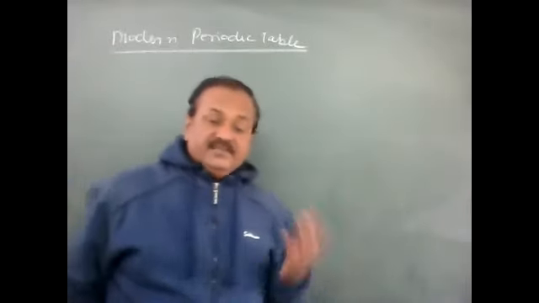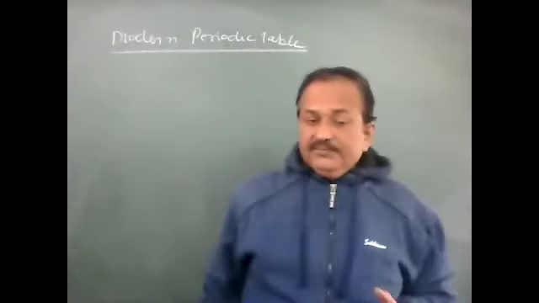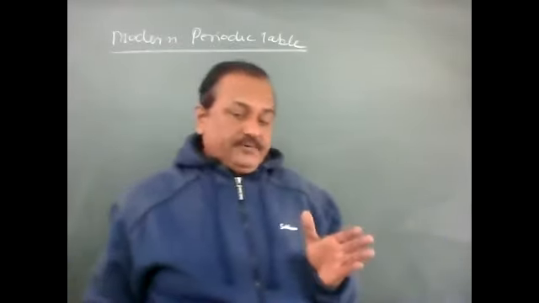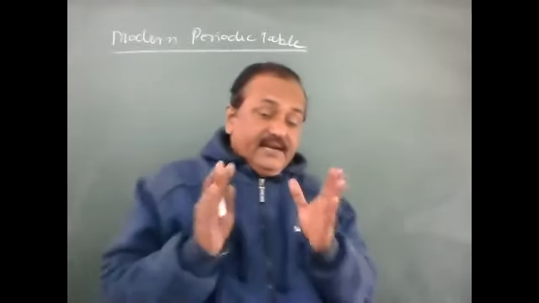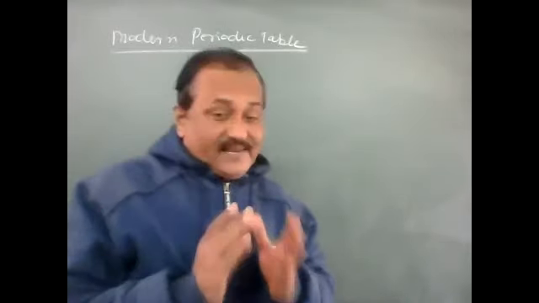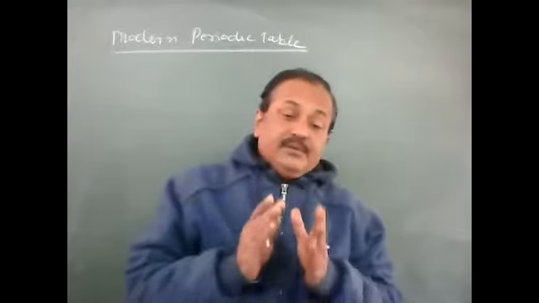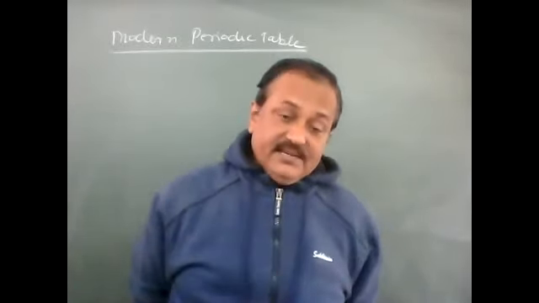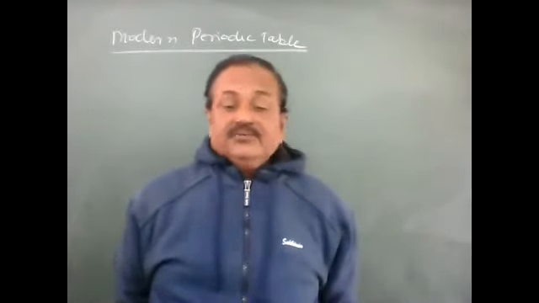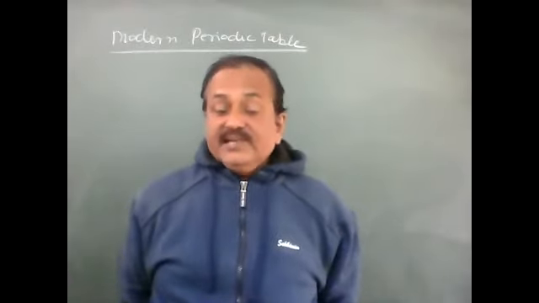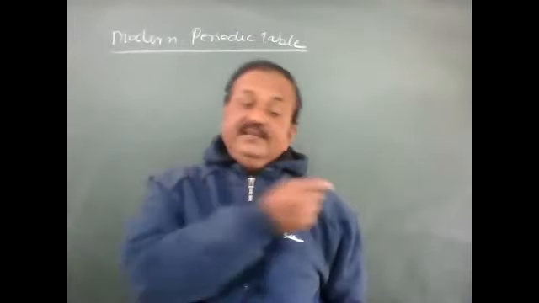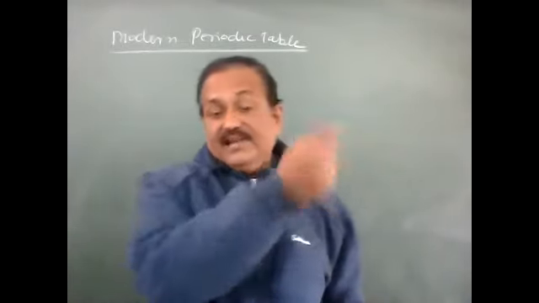When the elements were arranged in order of increasing atomic numbers, there were 18 groups and 7 periods, and all the elements were placed at their proper place. Proper place means when atomic number is taken as the fundamental character. Like 1, 2, 3, 4, 5, 6, similarly here also 1, 2, 3, 4, 5, 6.